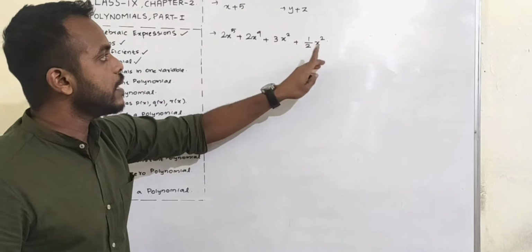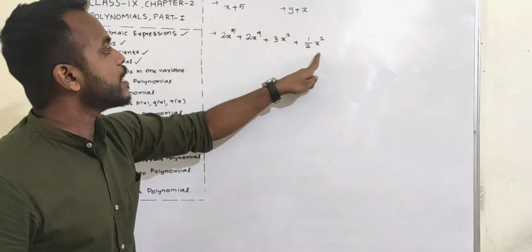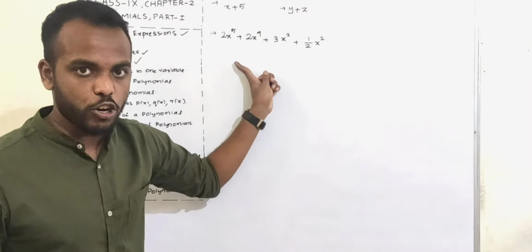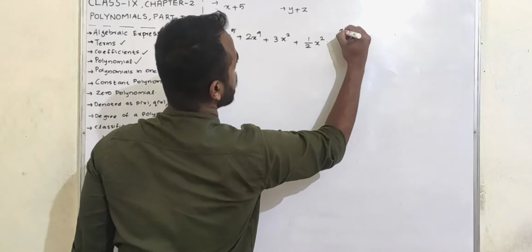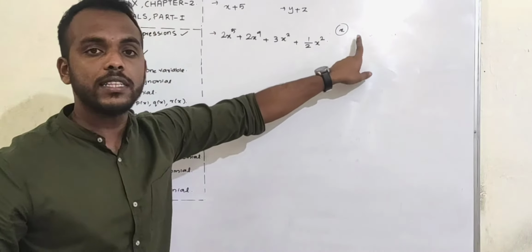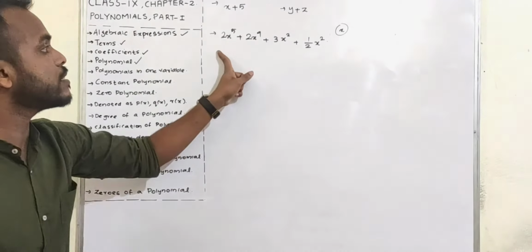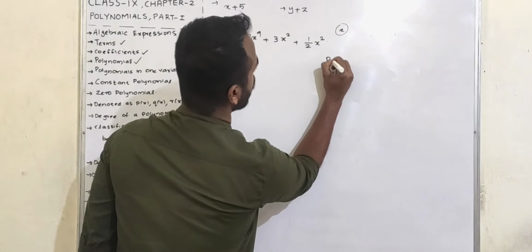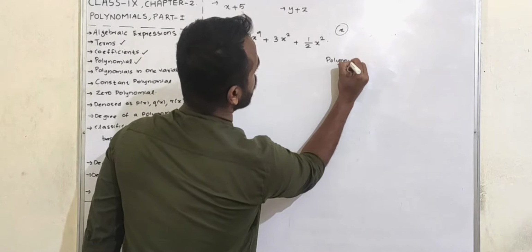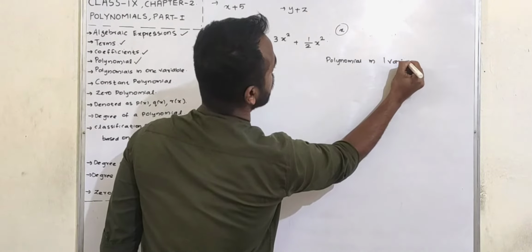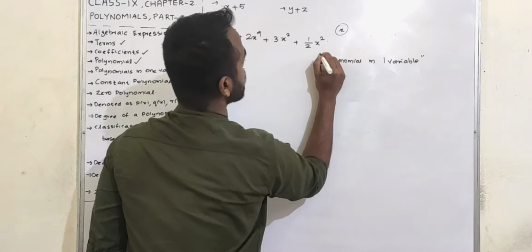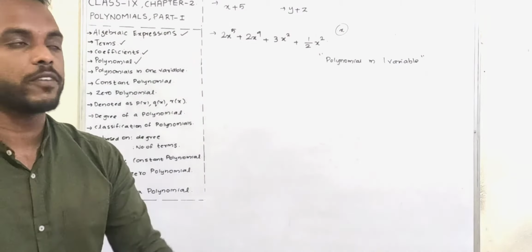Now, let's see this one. In this polynomial, there is only one variable. Who is that? Yes, the variable x. There is no other variable other than x. So this is clearly a polynomial. It's a polynomial in how many variables? In one variable. That's it. So that's the definition for polynomial in one variable.